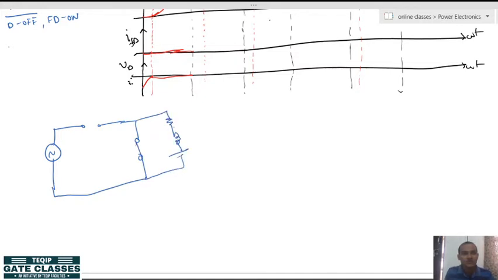So what you are observing? The load current is still flowing in the same direction, because the inductor polarities have now become this. The inductor is discharging.